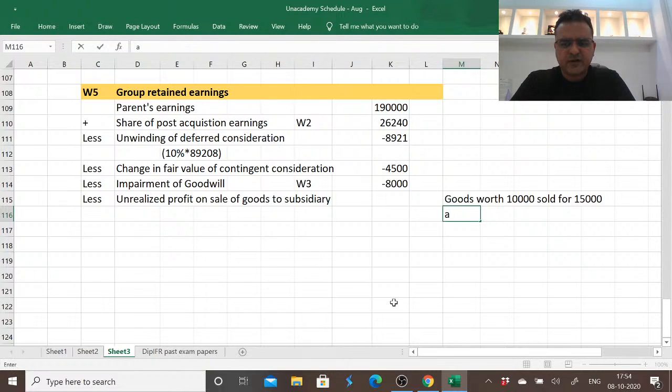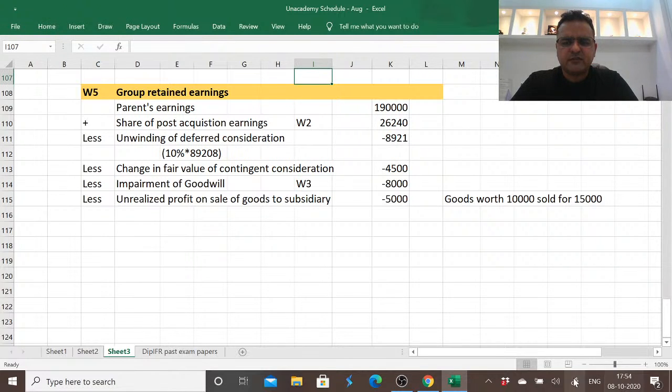All the goods remain in inventory. So there is an unrealized profit of 5,000 which is inherent in inventory. So we'll reduce this unrealized profit, and on the face of the balance sheet we'll eliminate it from the valuation of inventories.